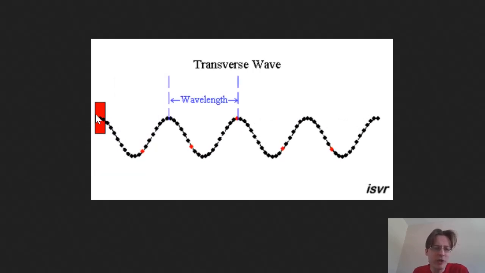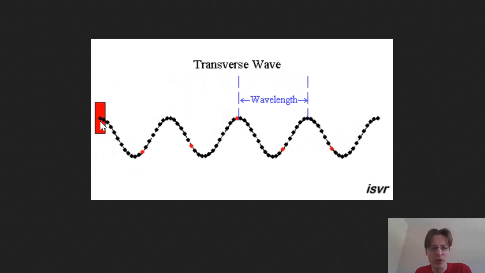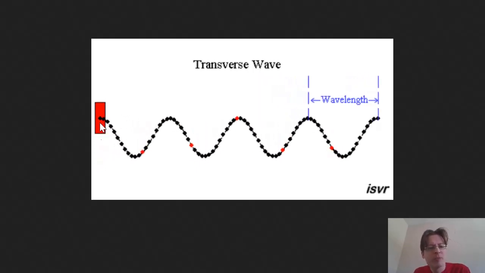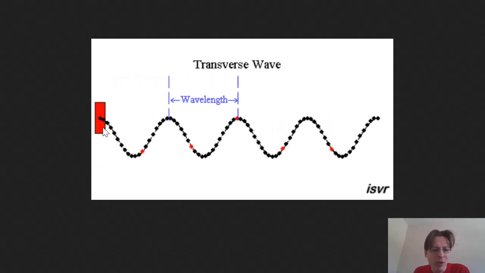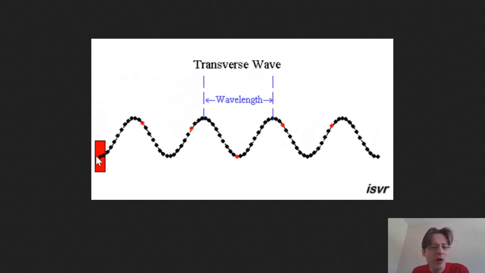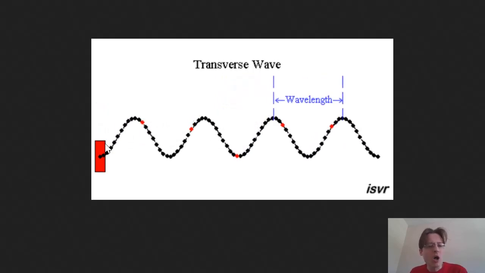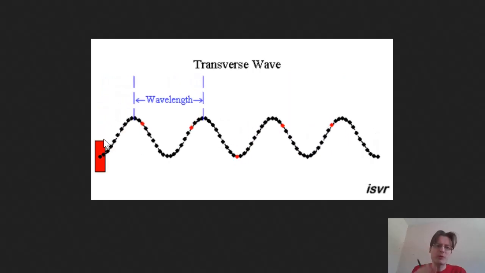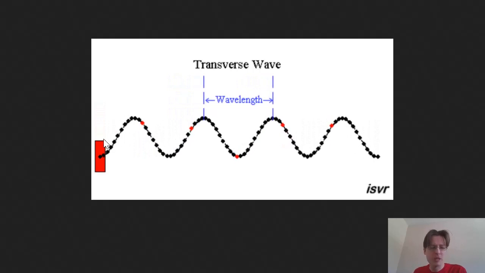Here in the animation, there's this red oscillator that generates the wave. What I want you to look at carefully is, as the oscillator goes up and down, isn't it stretching the string slightly? Look how the black dots are stretched out as the wave goes up and down. In other words, they're stretching, therefore there's potential energy involved in a wave on a string.